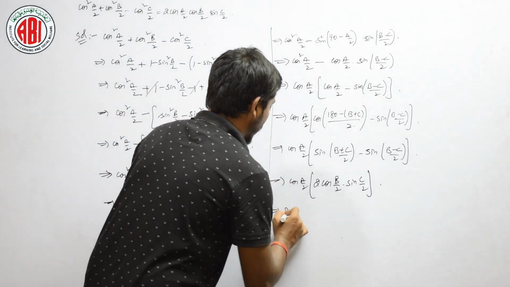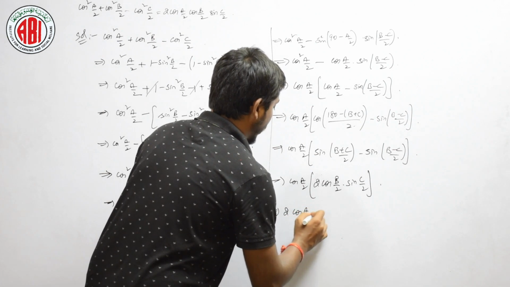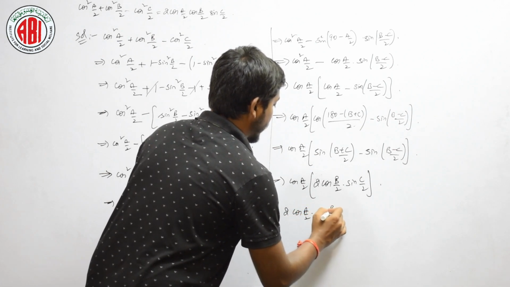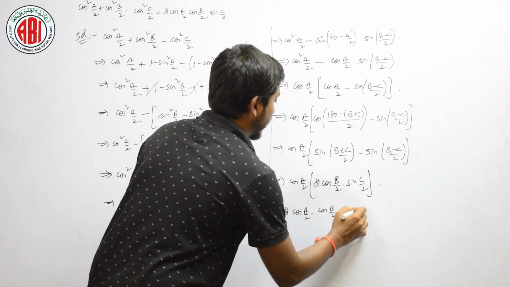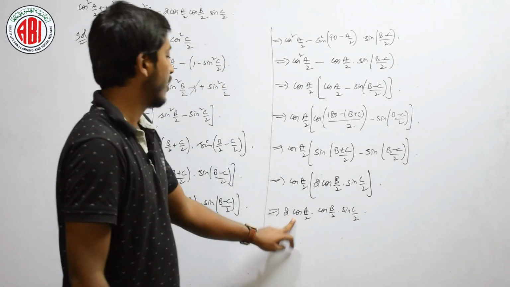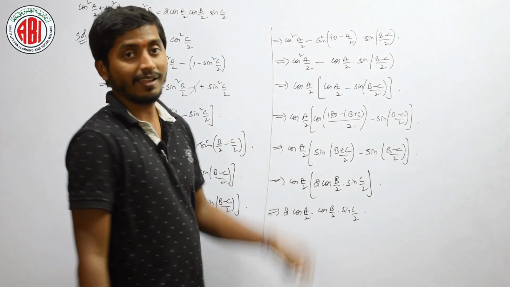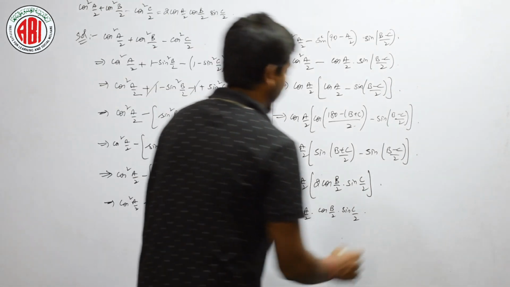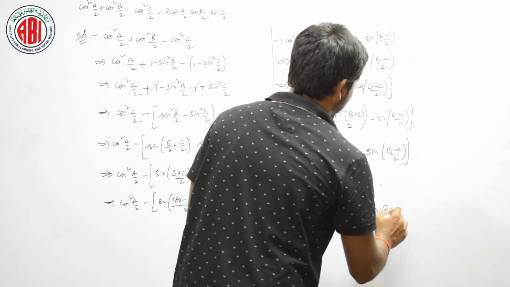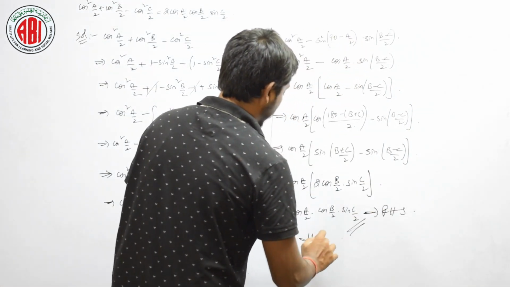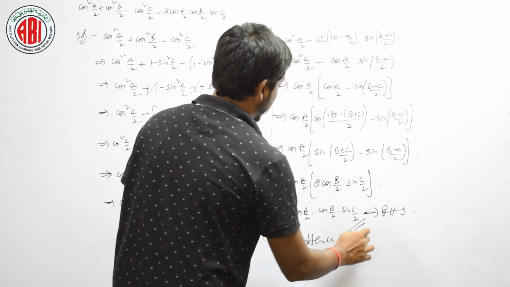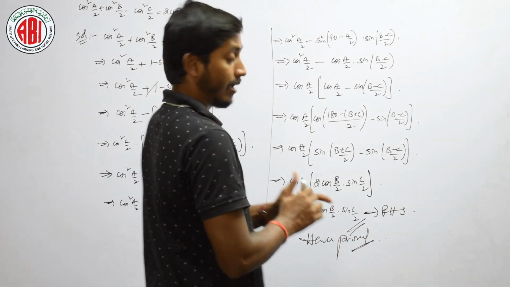That will become 2 cos A by 2 cos B by 2 sin C by 2. Are we getting the same? Cos cos sin, cos cos sin. Yes, we are getting it right. Therefore, this is nothing but the RHS, hence proved.